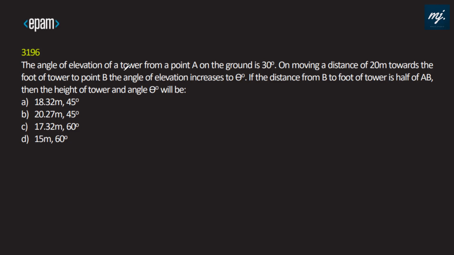The angle of elevation of a tower from a point A on the ground is 30 degree. Tower T, ground A point, angle of elevation 30 degree.